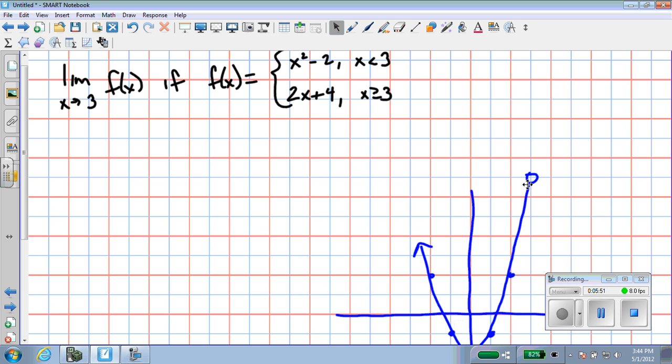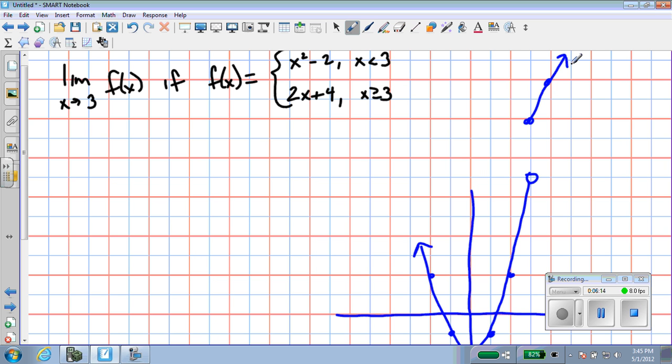Okay, so now our line at 3 would be a 10. 1, 2, 4, 6, 8, 10. So right here. Slope of 2. So our line is going this way.